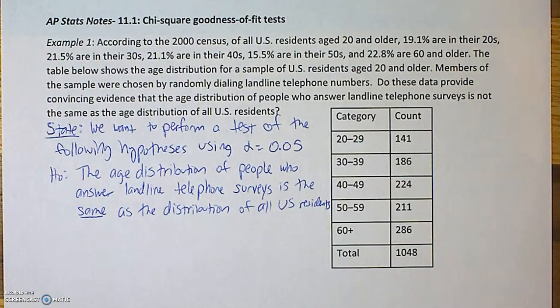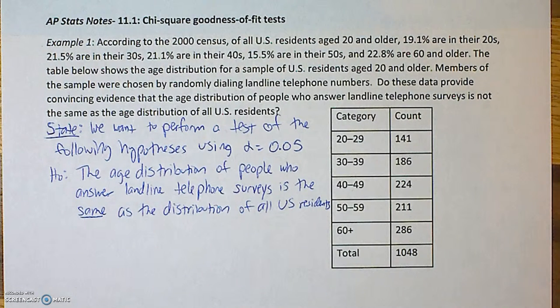So, like we did in Chapter 9 and Chapter 10, when we had our significance tests, our null was always an equal. So in this case, we want to say it's the same, meaning all the proportions are the same, all the counts are the same as what we would expect it to be. Now, the alternative here is going to be that it is not the same.